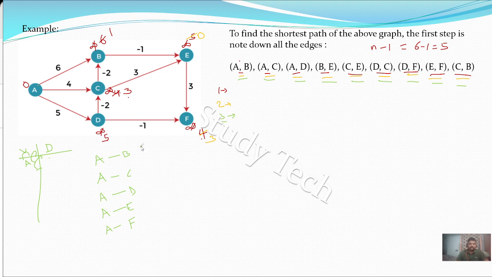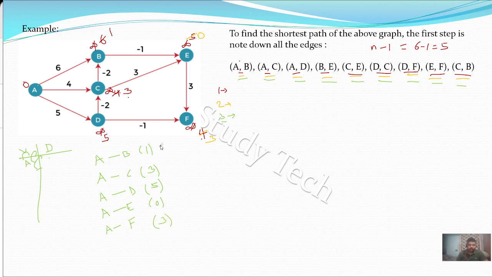The distance is 1. A to C, the distance is 3. A to D, the cost is 5. A to E, the cost is 0. A to F, the cost is 3.